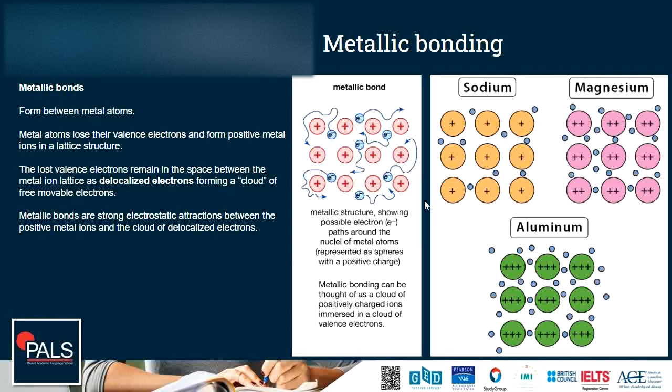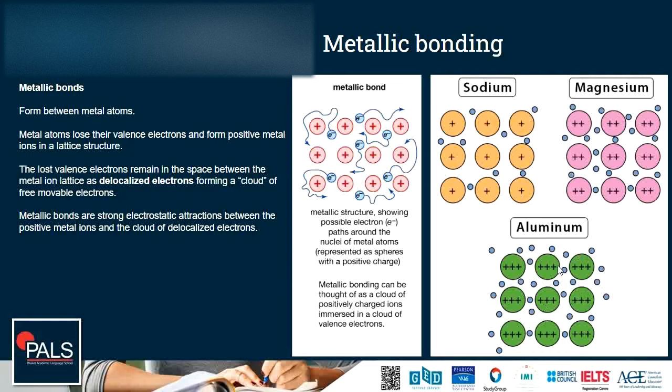the positive metal ions. So some examples: sodium having 1 electron in its outer shell. Every sodium atom will lose 1 electron, and that electron becomes delocalized and moves around between the sodium ions. Magnesium having 2 electrons on its outer shell will lose its 2, forming 2 positively charged magnesium ions with more delocalized electrons in the metal.